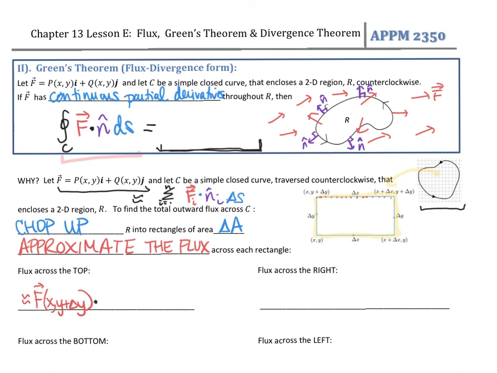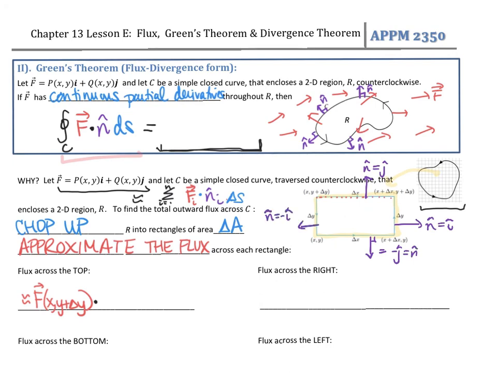And then we need to dot it with the normal vector. Just sketching it, you can see the normal vector along this top boundary is just going to be j hat. The normal vector along the right boundary will be i hat, along the bottom will be negative j, and along this side will be negative i.